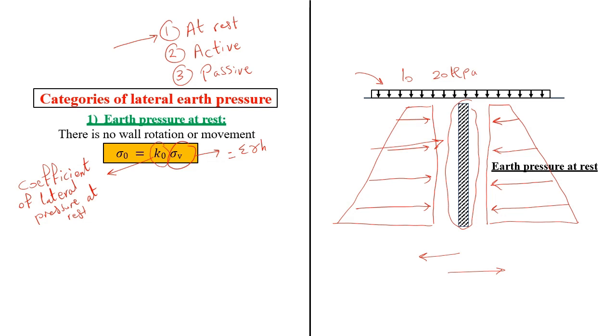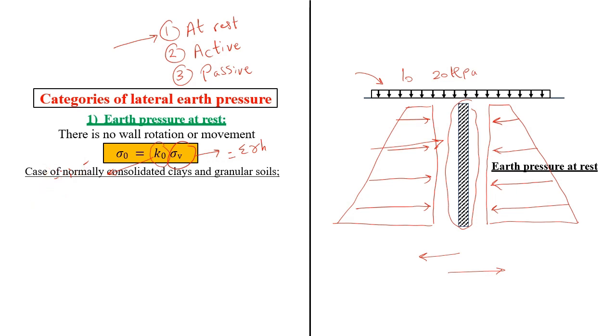For this coefficient we have two equations. In the case of normally consolidated clay and granular soils, sands and gravels, you will use this formula: KO equals 1 minus sine phi. If you have the value of phi, you substitute in this formula and get the value of KO.